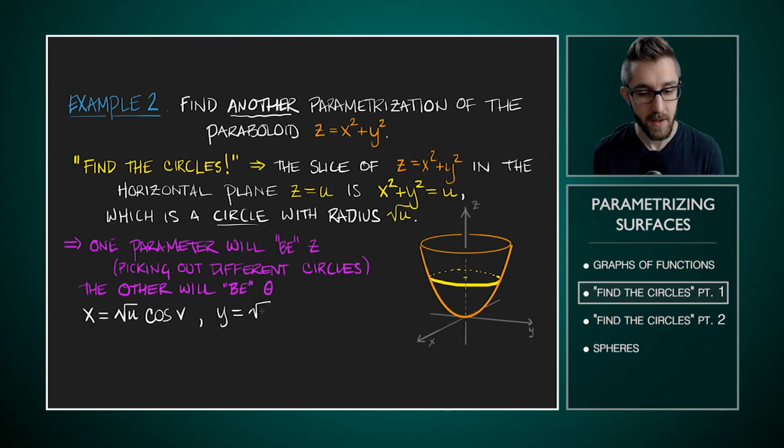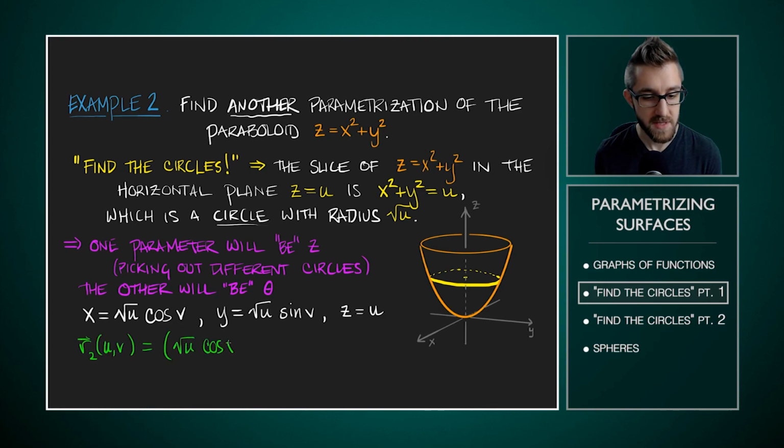And then for y, we have the same thing, but with sine. So this is saying that x and y both traverse this circle of radius square root of u as v increases. And then the last coordinate, z, we've already said that's u. That's the thing that's picking up all of the different circles. So our parameterization, R2, will look like this. R2 of u, v is square root of u cosine v, square root of u sine v, and then just u.